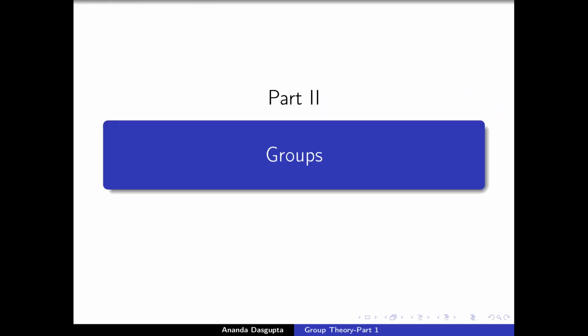So this essentially tells us that when you consider symmetry operations on an object, in this example we took an equilateral triangle, but you should be able to realize that this works for any physical object whatsoever.